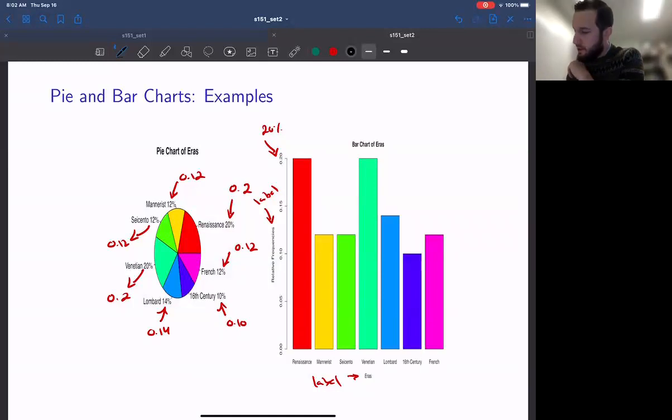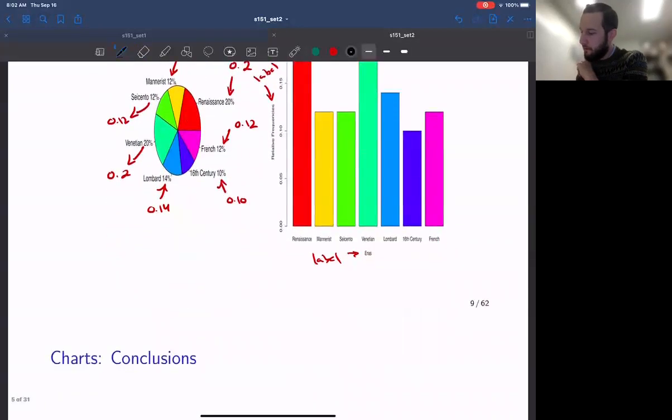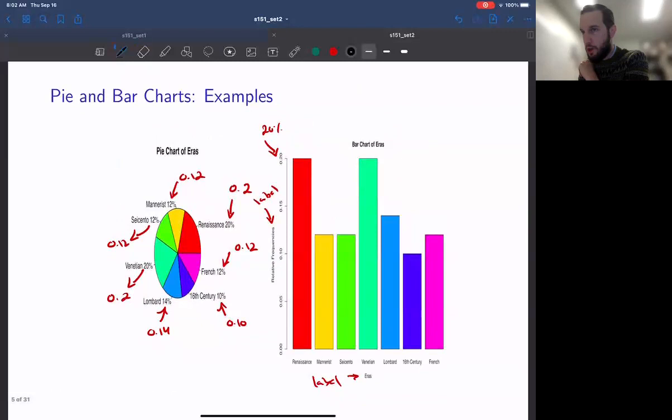We finished discussing 2 plots, the pie chart and the bar chart, which are shown here on slide number 9. Our pie chart and our bar chart are graphical displays for qualitative data. So the first part of lecture set 2 was devoted to organizing and visualizing qualitative data.